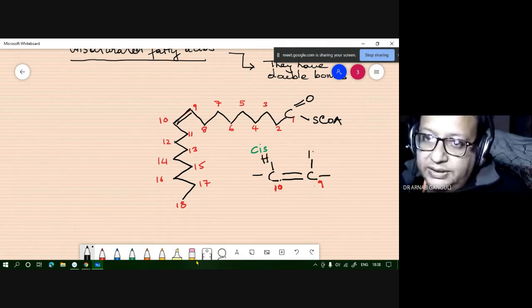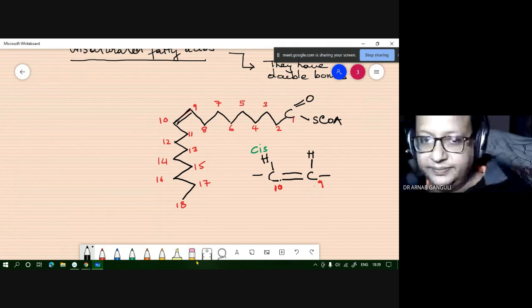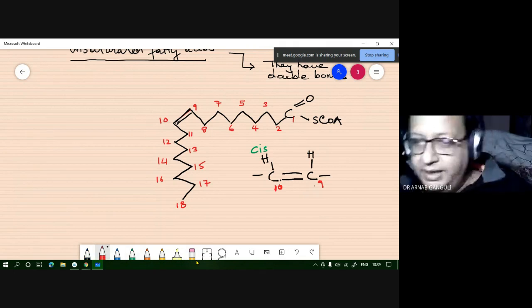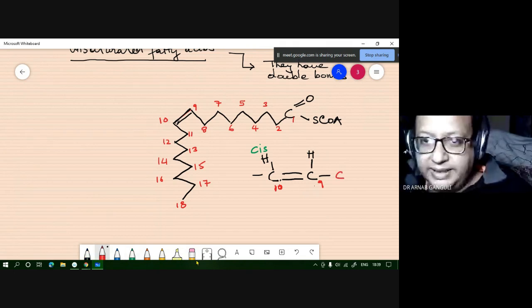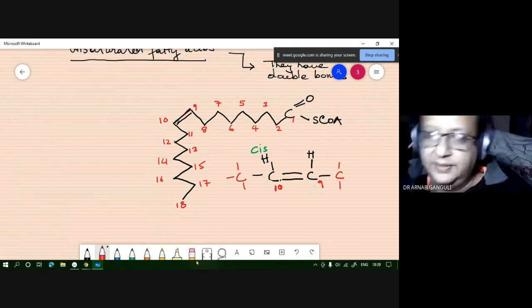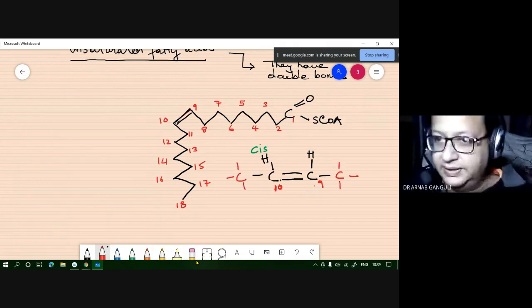The hydrogens are over here. And you have other carbons attached over here. This is carbon number 8, sorry. This is carbon number 11.